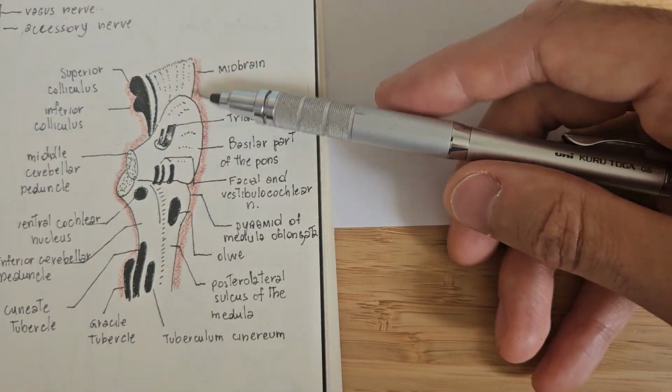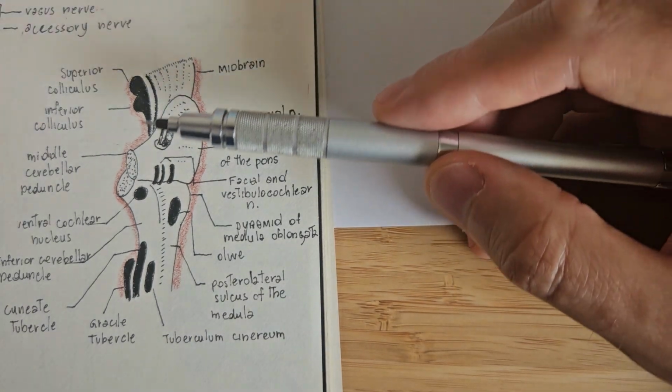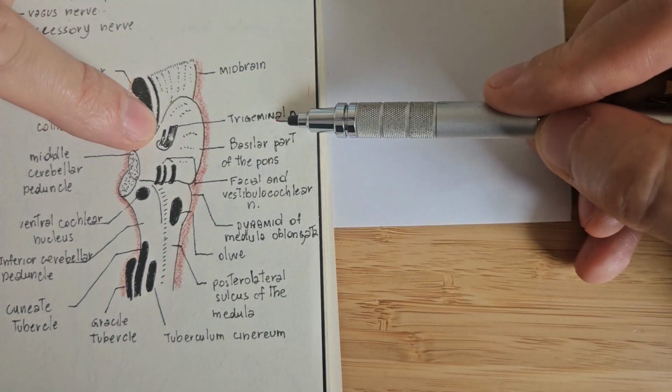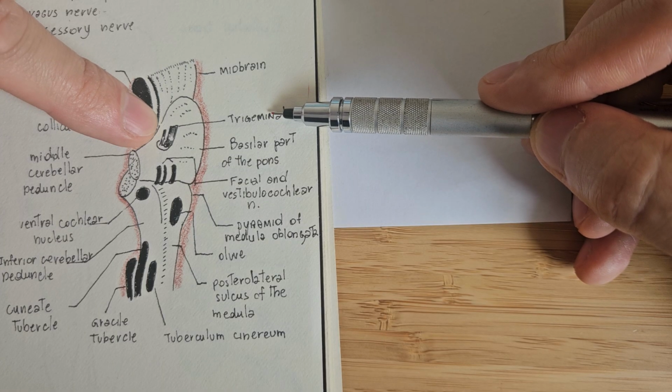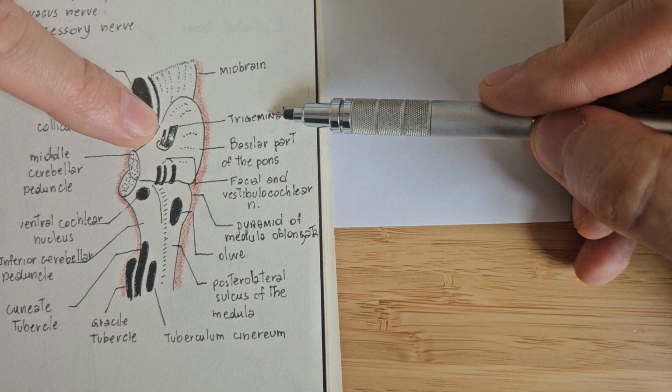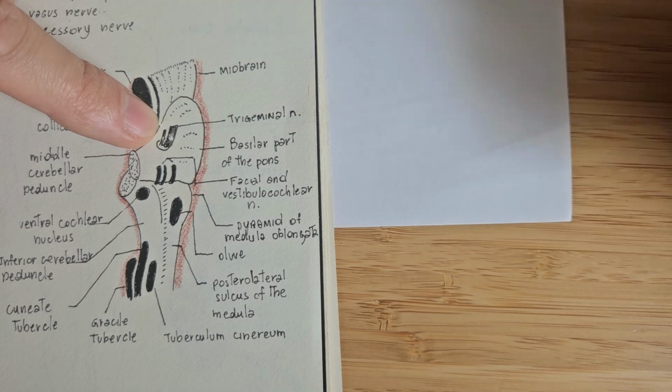This is the most important thing, okay? Disorders affecting the trigeminal nerve include trigeminal neuralgia, which is a severe facial pain, and Bell's palsy-like syndromes if motor fibers are affected.